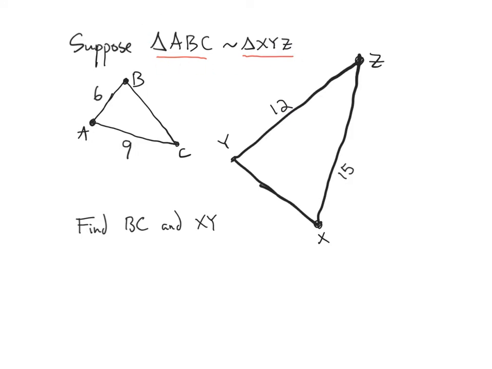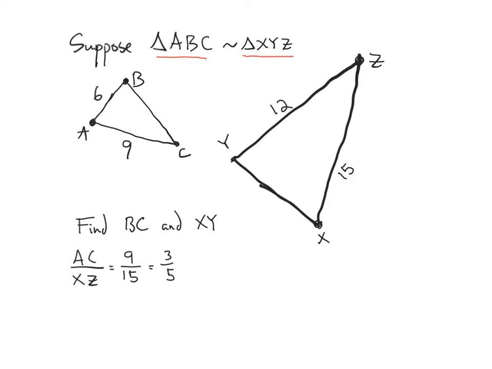So the name of our triangles gives us our correspondence. So let's go ahead. We know we have AC and we have its corresponding side XZ. So we can work out our common ratio. So we know that the ratio AC over XZ will give us our common ratio, so that's 9 over 15, and we can simplify that to be 3/5.